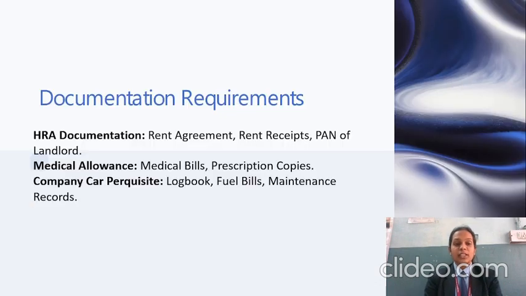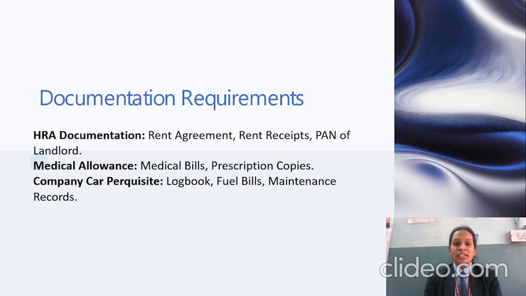Now we see the documentation requirements for allowances and perquisites. Proper documentation is required for the employer and employee for perquisites and allowances. The main document required for the employee is Form number 16.